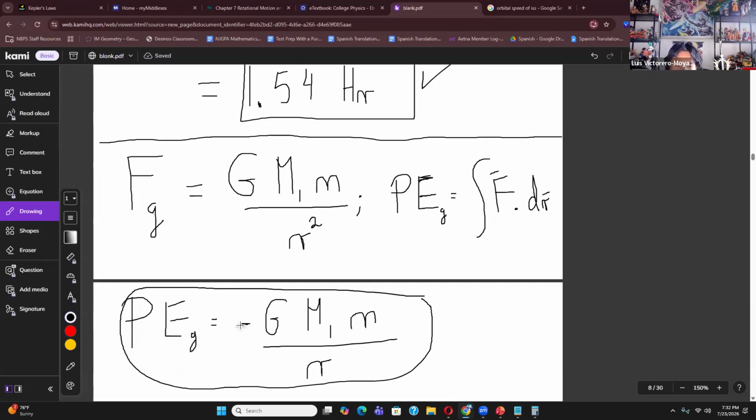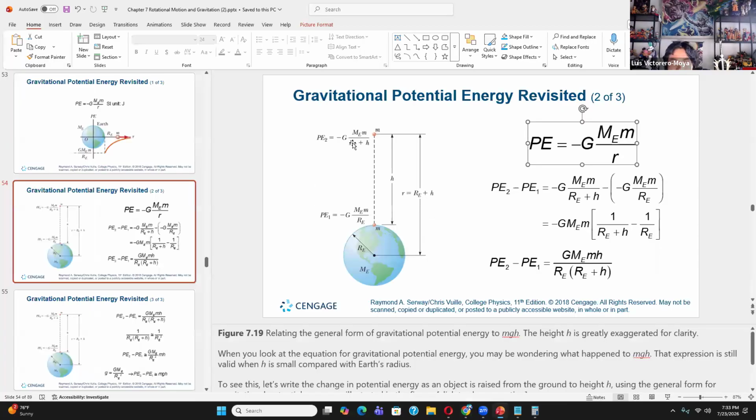The negative is interesting, because you know that, and let's take a look at this. The more negative a number, the less potential energy, right? So the potential energy at this point is going to be zero. Or sorry, it's going to be the maximum.